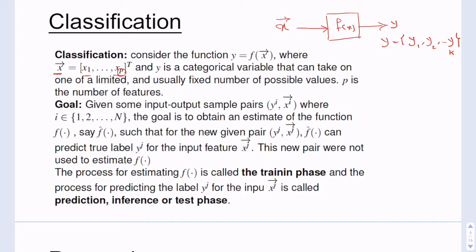So what's the goal in classification? We call y the output and x the input, like a function. For each object, in general, we have collected the features and we have the label.